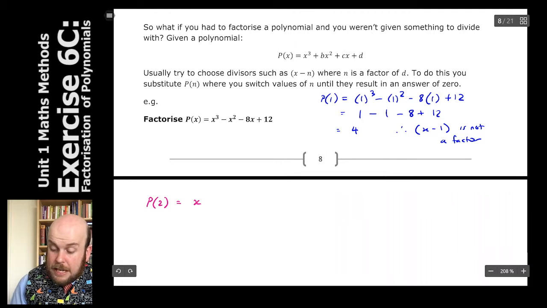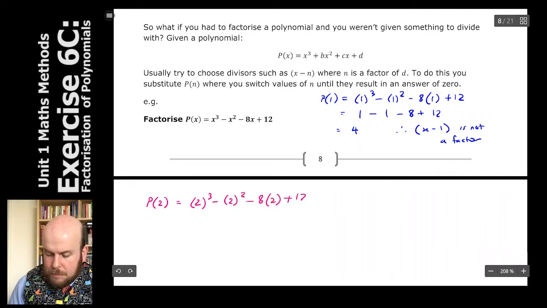Now, it could also be negative numbers, by the way. It could be 1, it could be negative 1, it could be any of those sorts of things. So let's try 2. So 2 cubed minus 2 squared minus 8 times 2 plus 12. 8 minus 4 minus 16 plus 12.